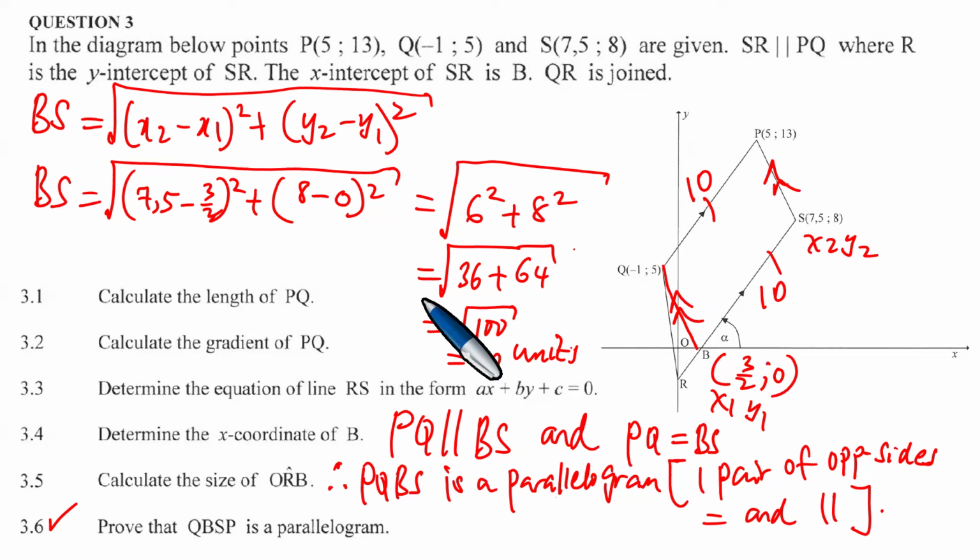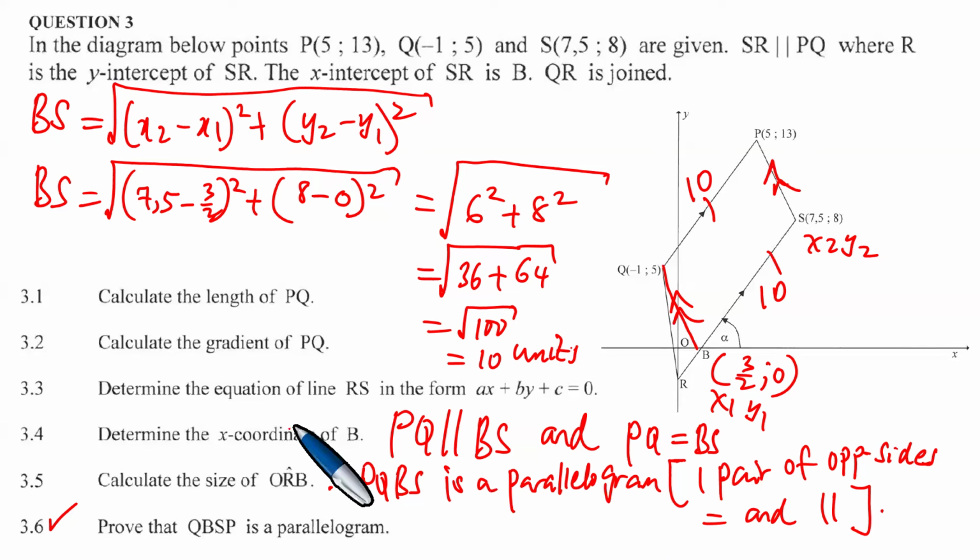So you can find the diagonals and find the midpoints of the diagonals and establish that the diagonals bisect each other.